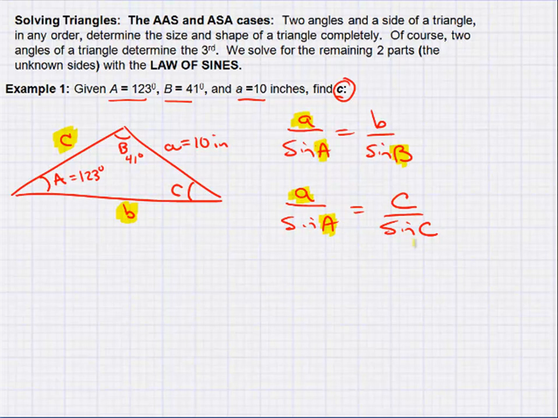I don't know angle C or side c. So if I'm going to try and solve this proportion and find c, I need to know angle C first before I can find side c. But once I know angle C, I can do that. So if I'm looking at doing these problems, I need to know 3 out of 4 parts to any one of these proportions. So the first thing I'm going to have to do is first find angle C.